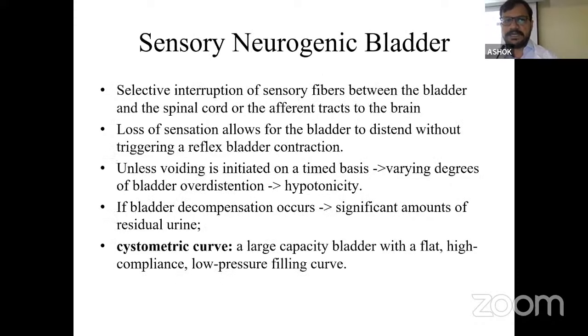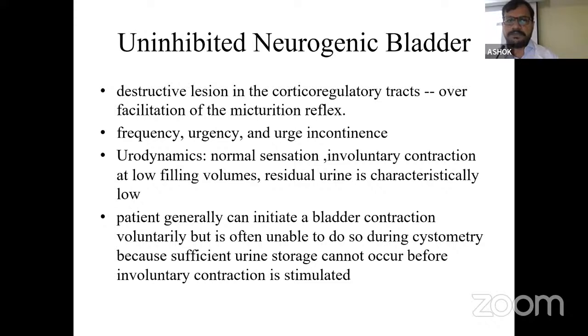Sensory neurogenic bladder: selective interruption of sensory fibers between the bladder and spinal cord or the afferent tract to the brain. Loss of sensation allows the bladder to distend without triggering a reflex bladder contraction. Uninhibited neurogenic bladder: disruption of the corticoregulatory tract leading to over-facilitation of the micturition reflex. Frequency, urgency, and urge incontinence.